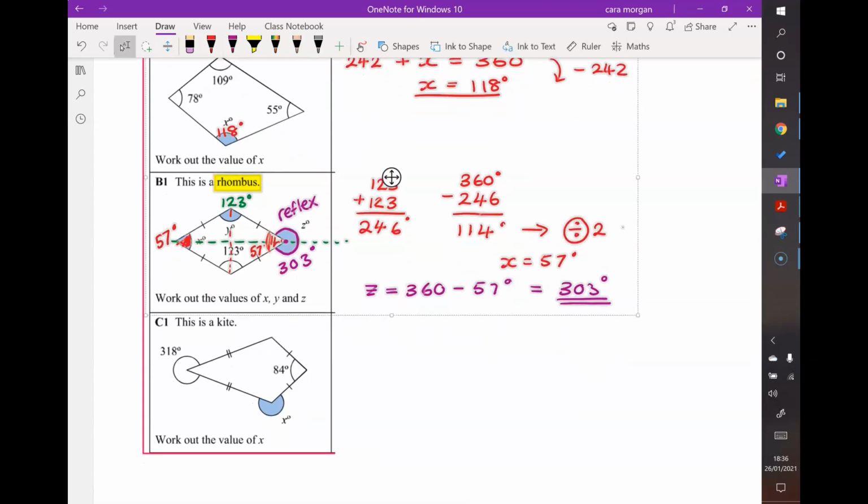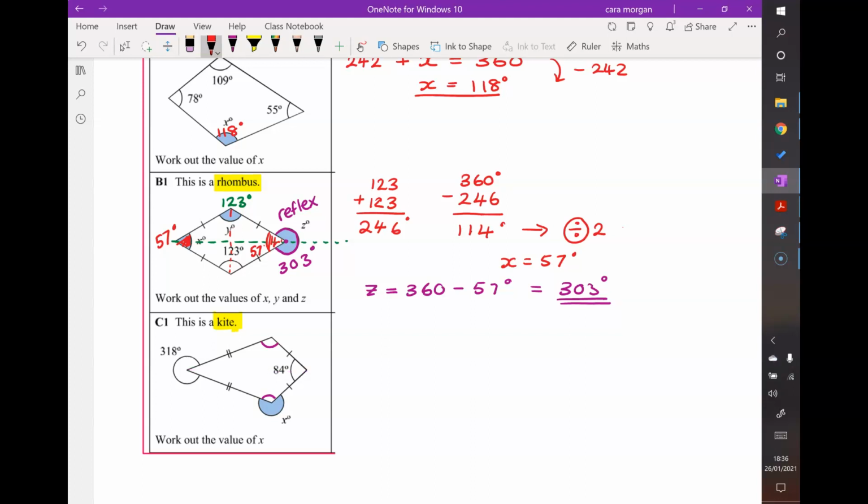The last one is a kite. Now, kites have a line of symmetry down the middle. And that tells me that the angle up there and the other angle opposite it must be equal. However, I need to find out some more information before I can find those angles.